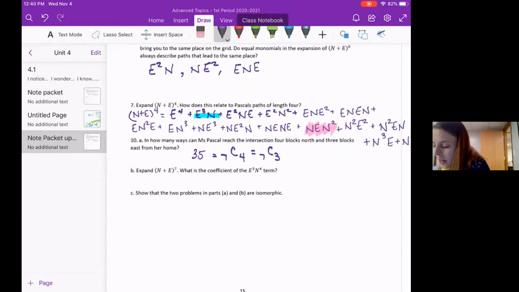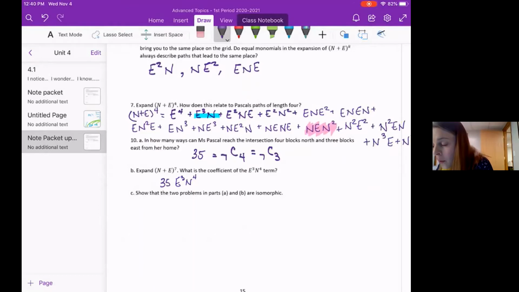10b says to expand (n plus e) to the 7th. And what is the coefficient of the e cubed n to the 4th term? If you do this, you should get a 35 as your coefficient.